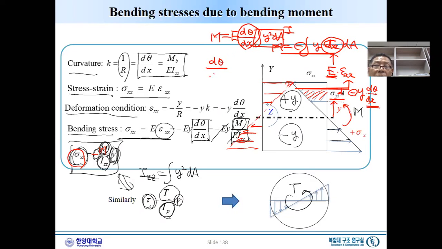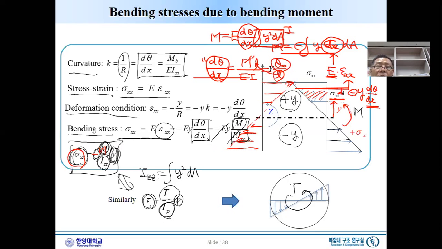What is unknown here is this one, d theta dx, which was assumed at the very beginning. So this one is simply the moment over EI. And d theta dx we can say is theta 0 divided by L, and L can go there.